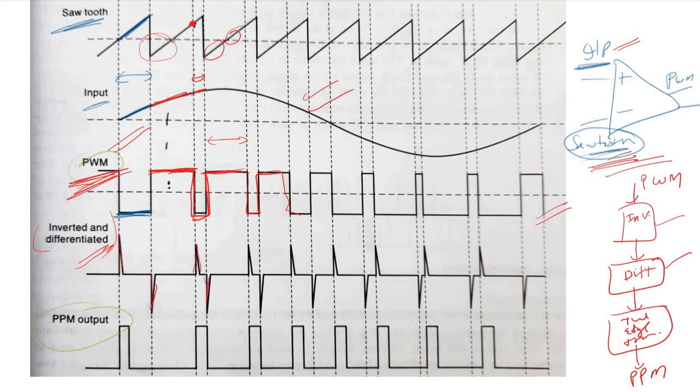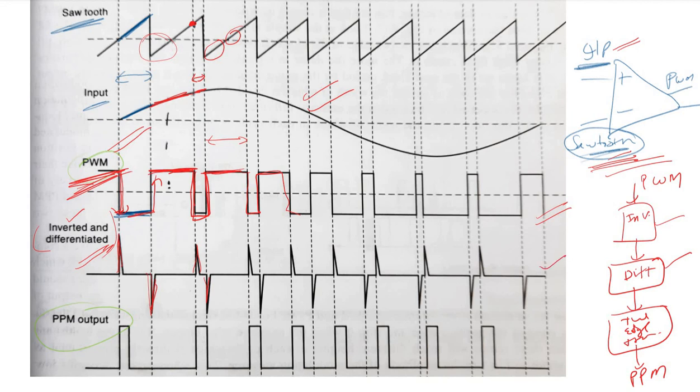Now since we are inverting it, when the voltage level of PWM goes from high to low, since it is inverted in nature, we get a positive impulse. And on the contrary, when the voltage level goes from low to high, we get a negative impulse.